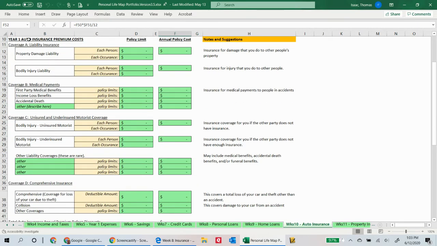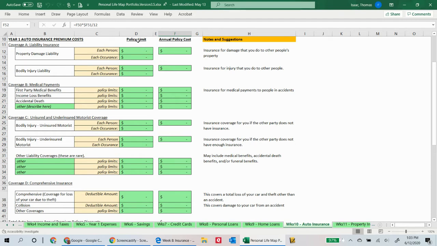In the information that we've got in here, you can see the auto insurance premium costs, and we've got column D where you're going to put the policy limit in, and column F where you're going to put the annual policy cost. I want to talk real briefly about these two concepts.